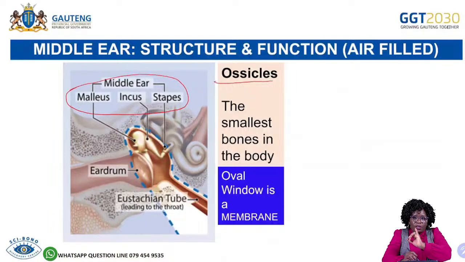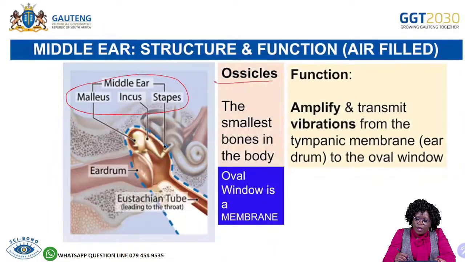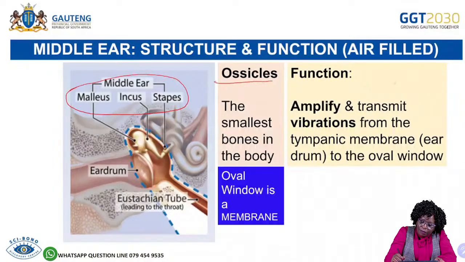We spoke about the outer ear, we're focusing on the middle ear, and there is a diagram that is going to clearly show you the oval window. And let us look at the functions. The function is that the ossicles, what they do, they amplify and transmit vibrations from tympanic membrane to the oval window.